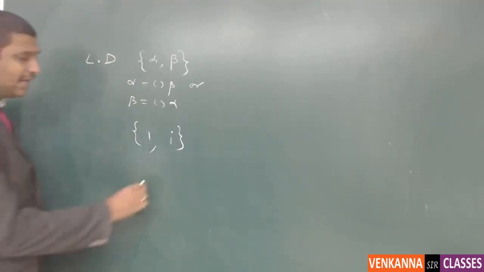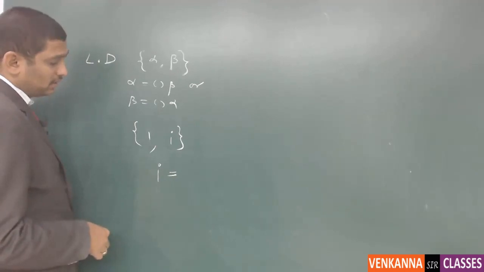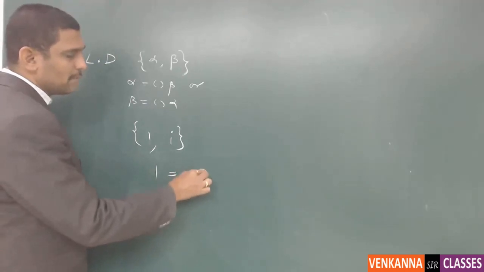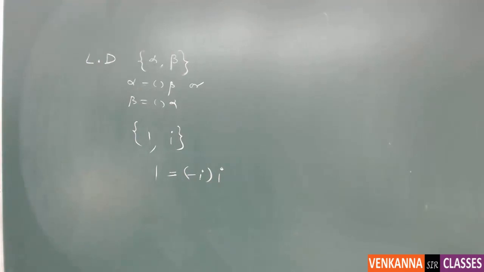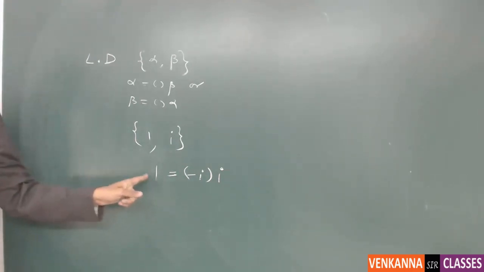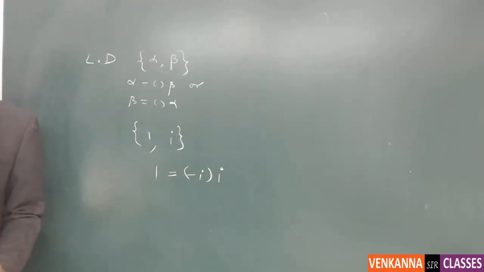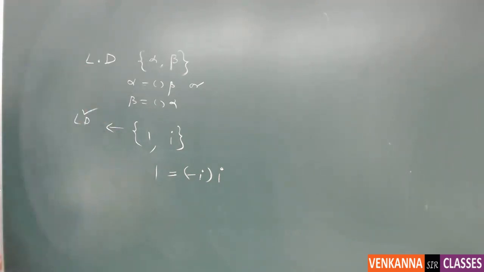Now, I can write that 1 is equal to minus i times i. Accepted? So I have written one vector as a multiple of the other vector. So this set is nothing but linearly dependent.